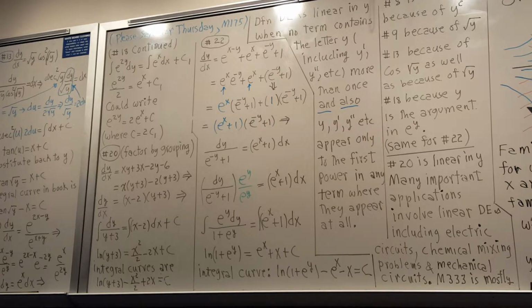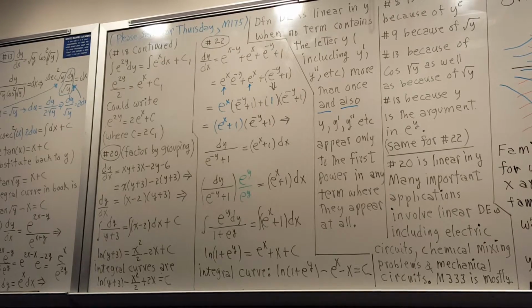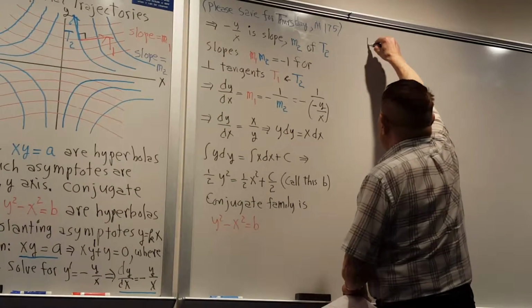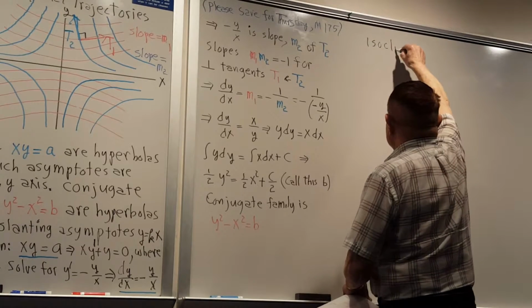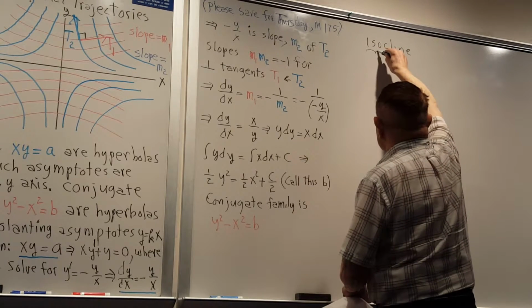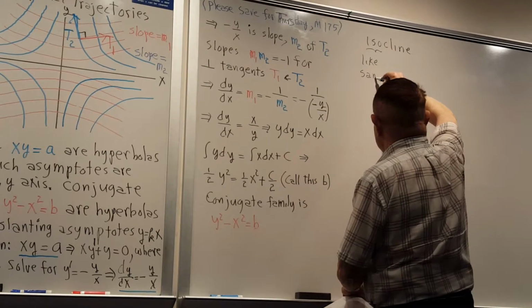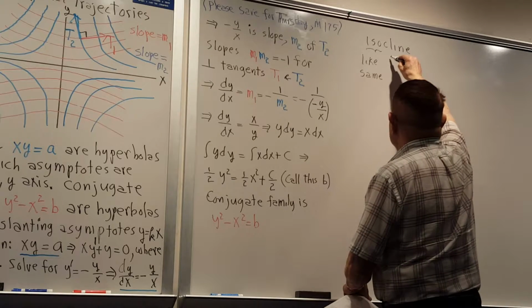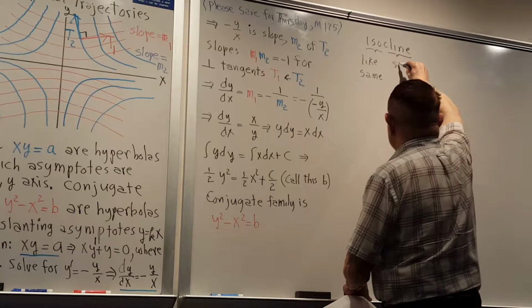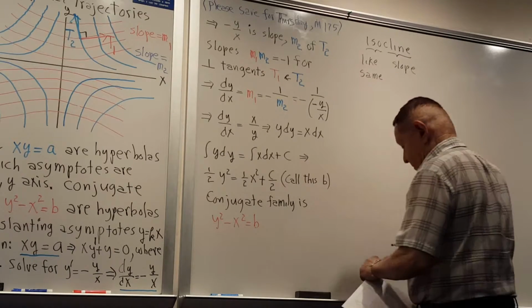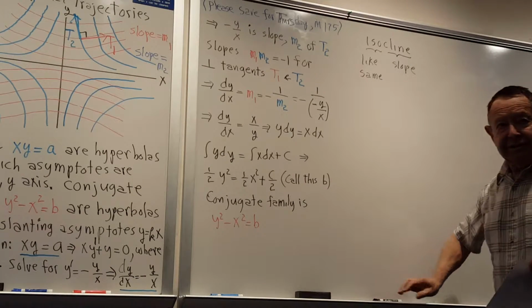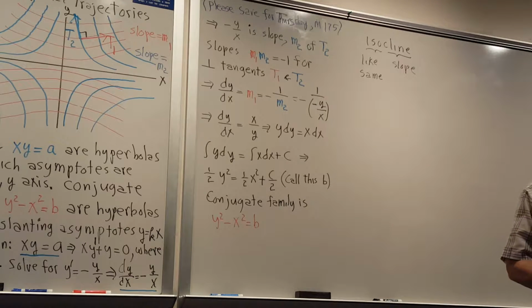And those little arrows are what we call isoclines, a word which I should write down. The word origin is Greek. Iso in Greek is the same or like.